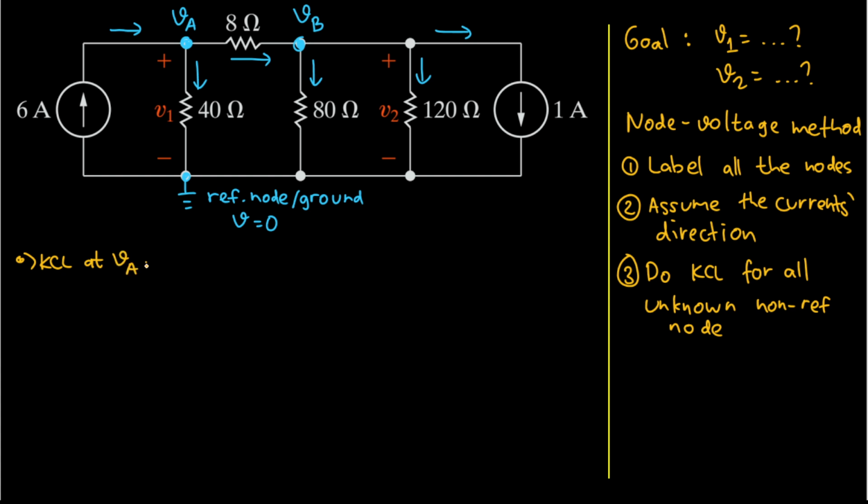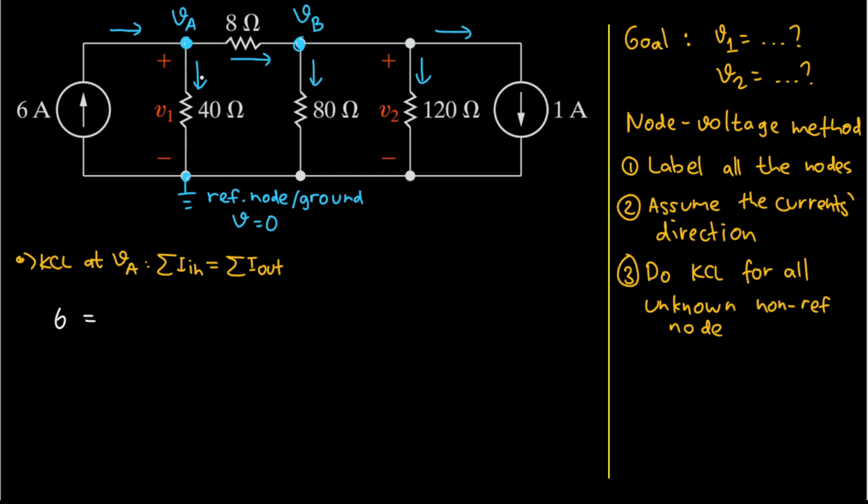KCL says that the sum of the current that goes in will equal the sum of the current that goes out, right? And here, the only current that goes in is this current here. But we know that is a current source, so it is fixed. So we will have 6 ampere there. Good. But then what else? We have this current here that is going out.